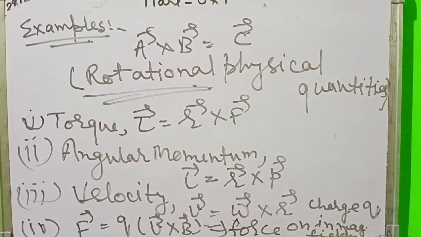So this is all about today's discussion. Dear students, in the next video we will discuss two or three numericals based on vector product, and after that we will discuss relative velocity in two dimensions, including the swimmer's problem, rain problem, and relative velocity problems like two trains moving.